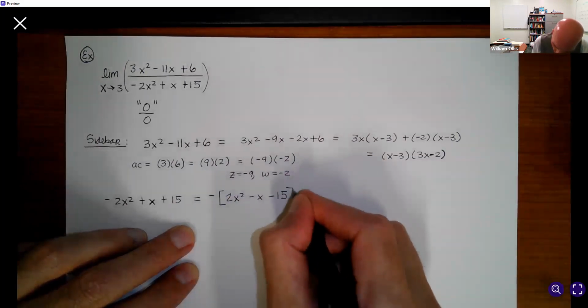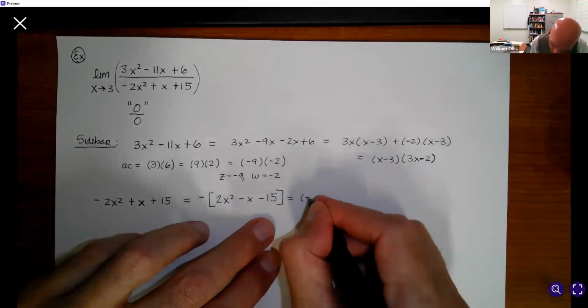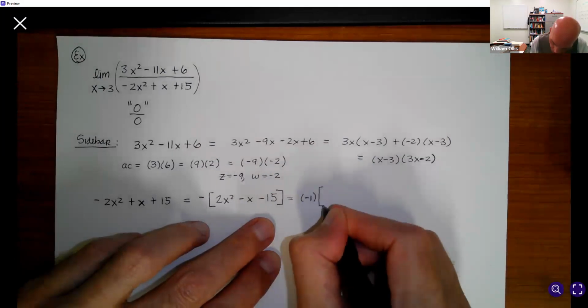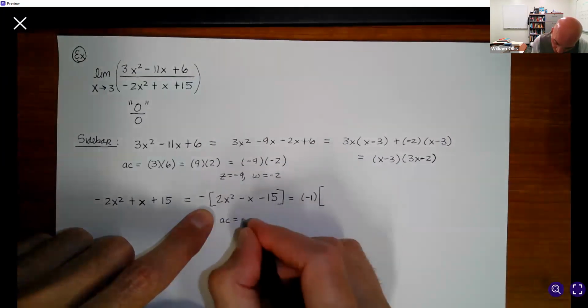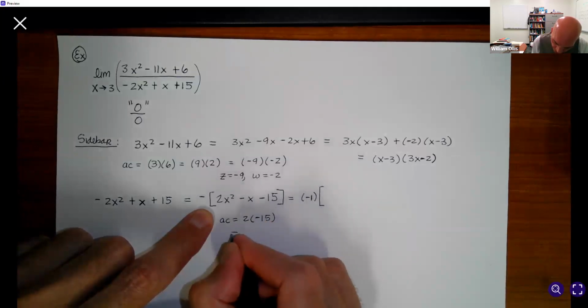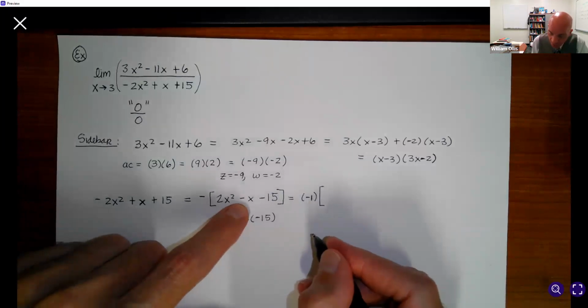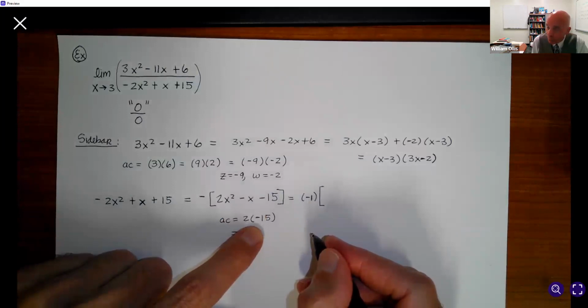It's a little bit easier to work with the leading coefficient positive, but you do what you like. So there's our -1. I'll write it there so we don't forget it. And now, of course, AC equals 2 times -15. This is like the last one, except now we actually do have a negative AC. So we're only going to end up with one negative.